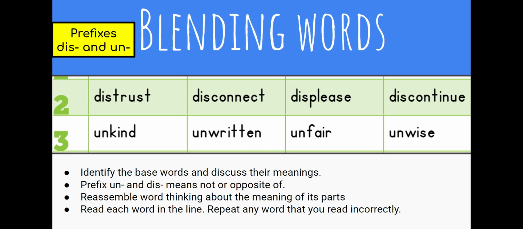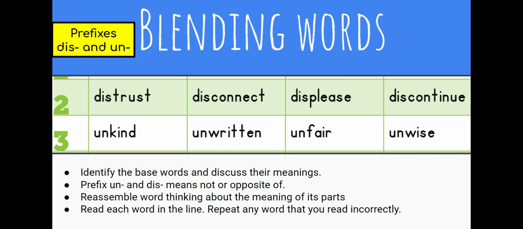What does it mean to be written? You got it. So written is the past participle. It's a past tense of write, but it means to mark on a surface. So if something is unwritten, it is the opposite of written.